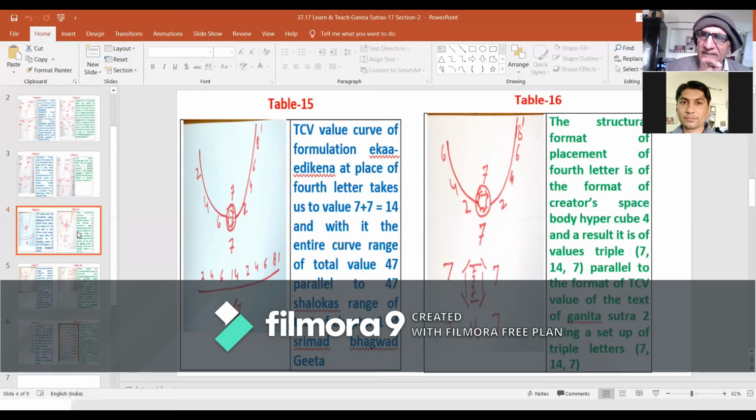This transition for this placement value, as of spatial order of the creator's space, makes the TC value 40 of the formulation Ekadikane as value 47.